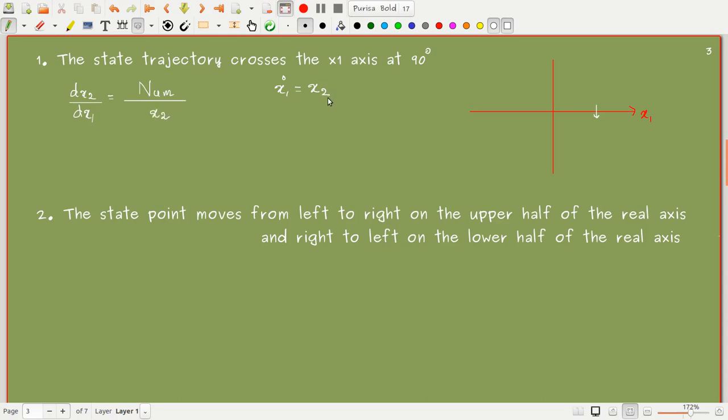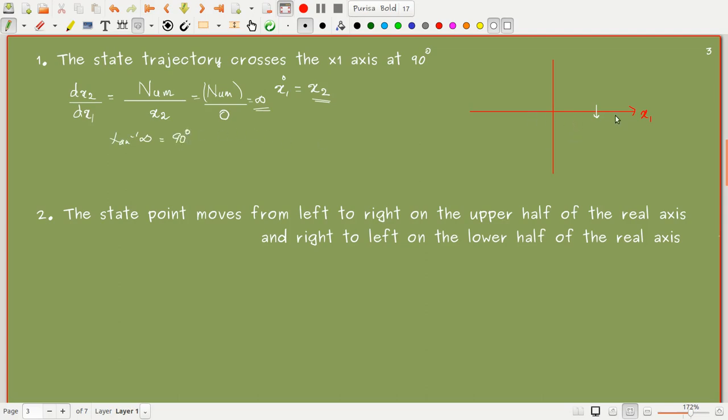Since the denominator is x2, what is x2 on this x1 axis? The value of x2 on the x1 axis is 0. So it is numerator divided by 0, which is equal to infinity. Since it is infinity, what will be the value of the angle? Tan inverse of infinity is 90 degrees.